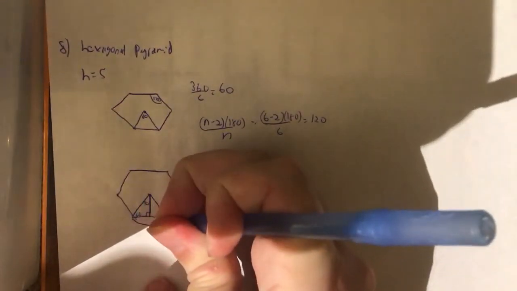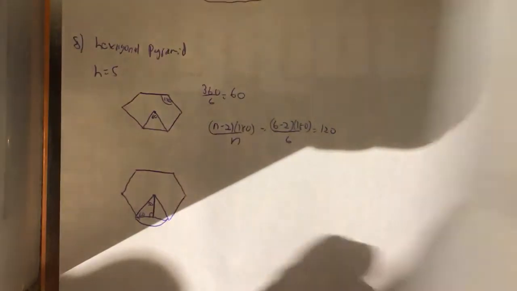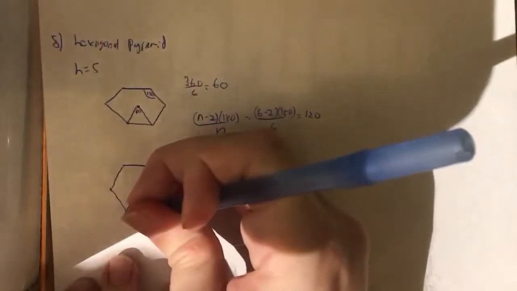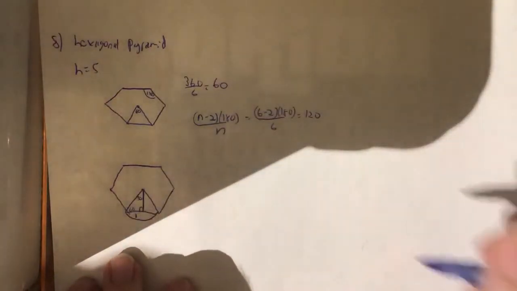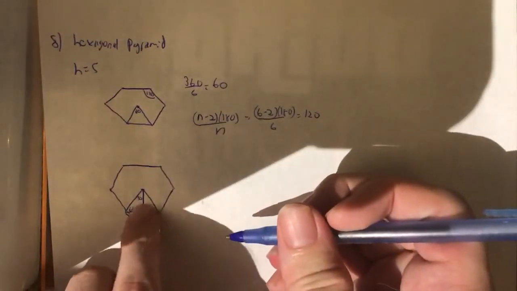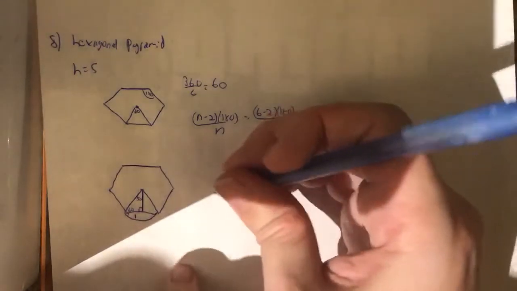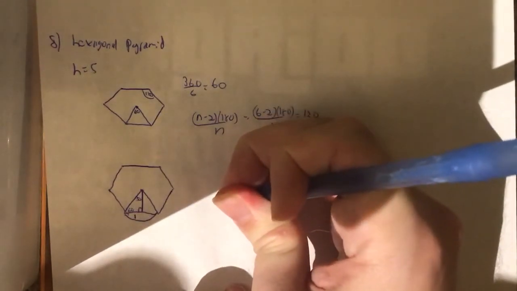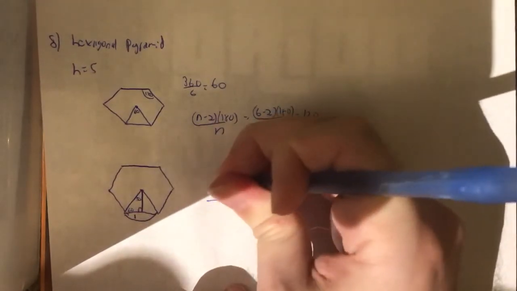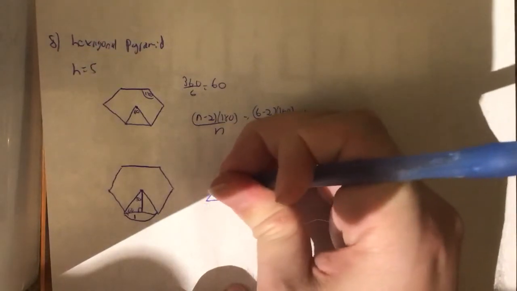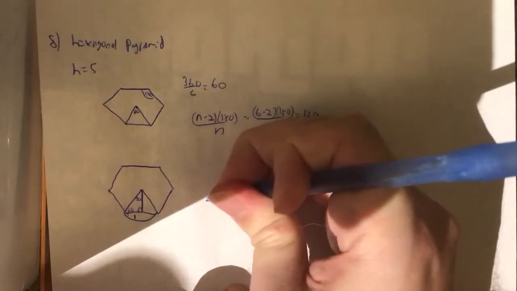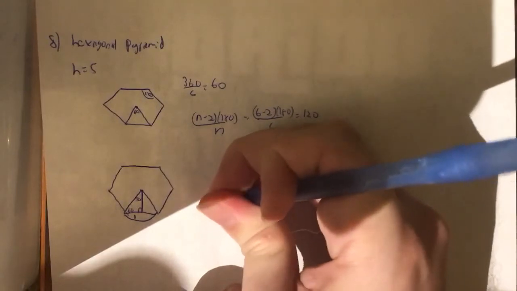I know this entire side from my picture before was 2. So if the entire side is 2, then this tiny piece is 1. So now I have a 30, 60, 90 triangle with the side opposite 30 as 1. So now I'm just going to redraw that. 30, 60, 90. So this piece is 1.